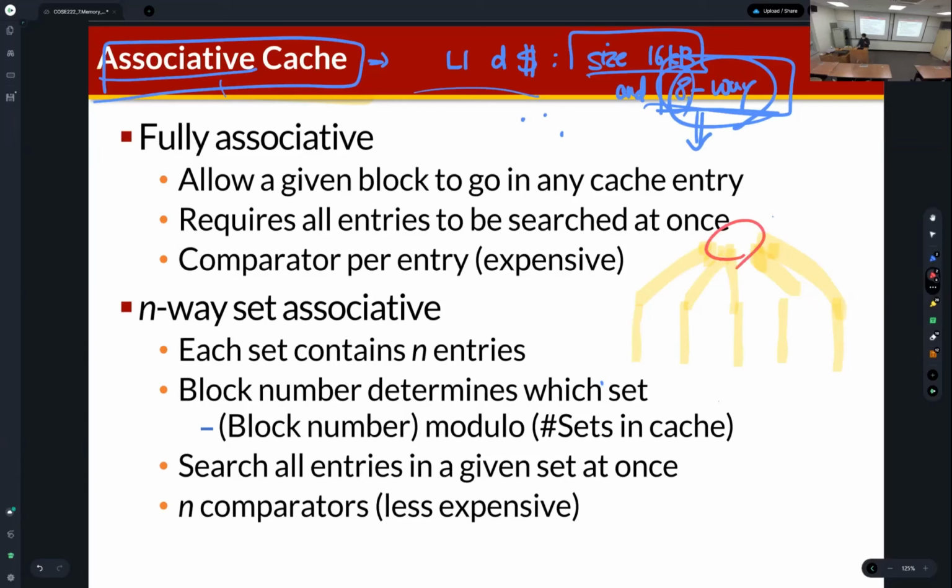So if we can avoid this scenario, then we can improve the cache performance.